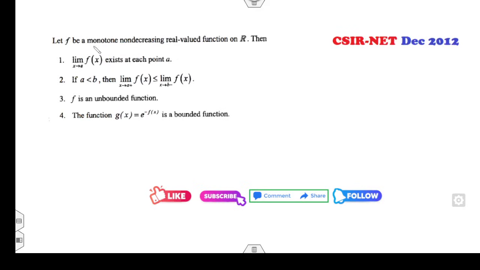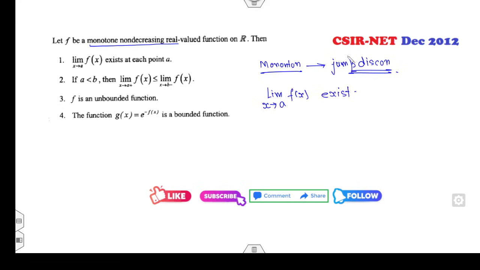f is a monotonically non-decreasing function. What are monotonic functions? We all know monotonic functions can have jump discontinuities. Fine. Then the limit as x approaches a of f(x) exists, but that's a wrong answer.